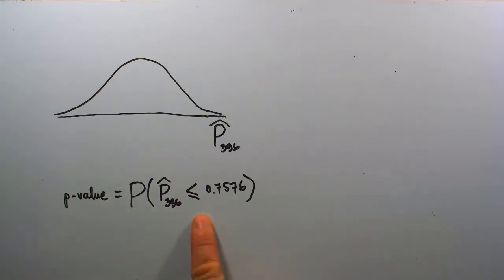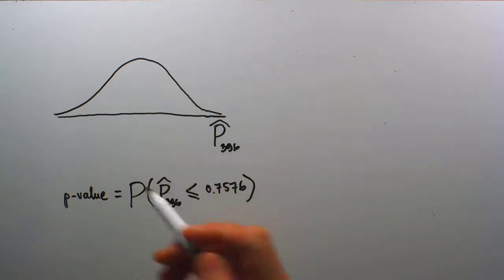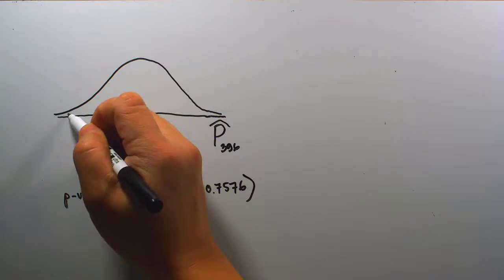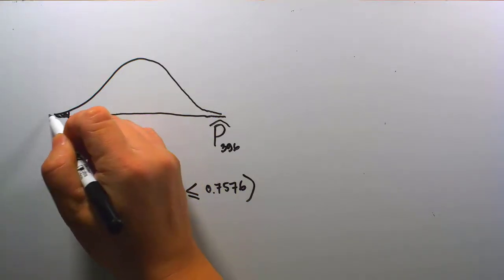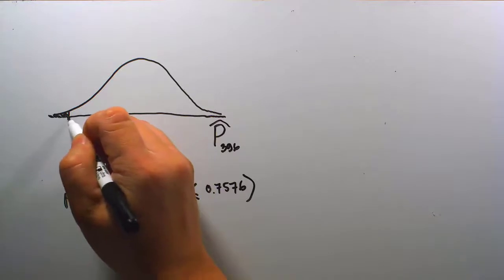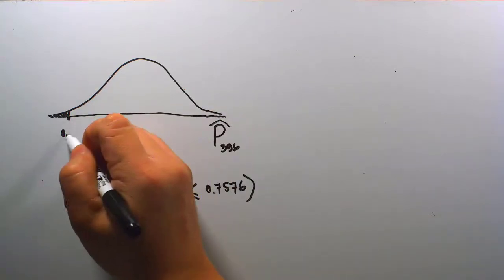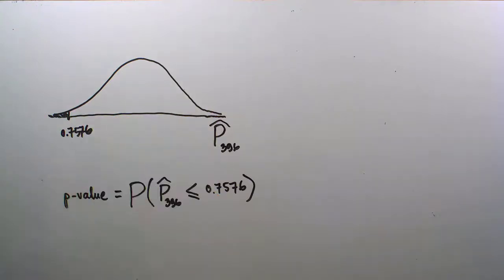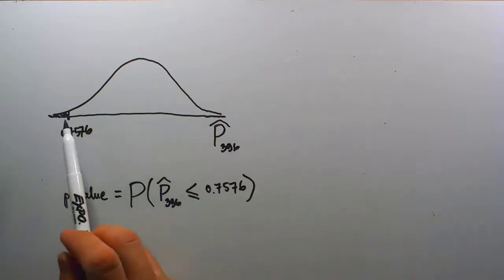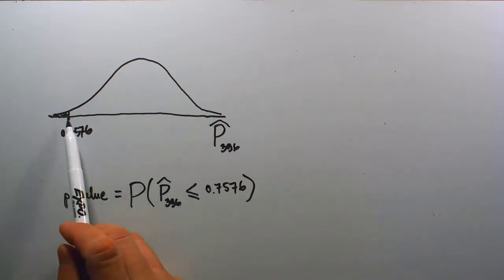But now recall that this probability calculation, as a bell curve problem, is graphically understood as an area being shaded to the left-hand side. Let's say 0.7576 is somewhere on this bell curve, so this probability calculation is graphically represented by the area shaded to the left, and our sample would be here.